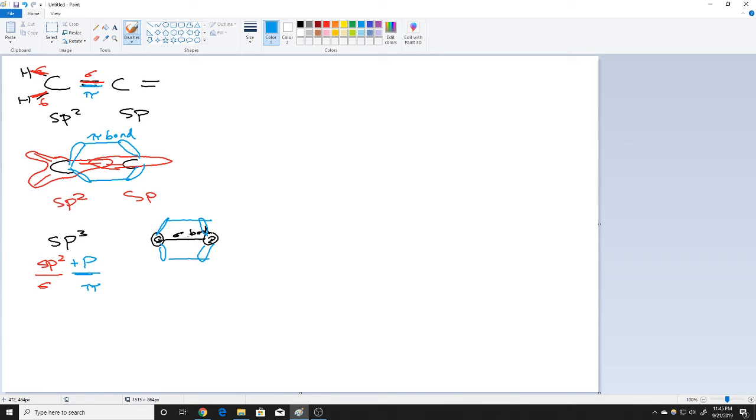And so at that moment, you can't spin the two freely from each other anymore. The whole system can still spin like this, but you can't spin the two atoms individually. So once you have a double or triple bond, it stops the overall molecule from being able to freely rotate. Okay, so hopefully that's a little bit more clear than what we talked about in class.